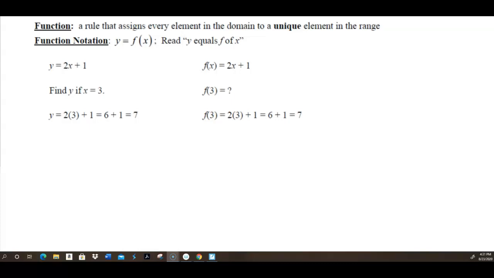We have the equation y equals 2x plus 1, and function notation just means instead of writing y equals, we can write f of x equals. If we are looking to find y when x is equal to 3, all we simply do is everywhere that we see x, we plug in a 3, and f of 3 then is equal to 7.